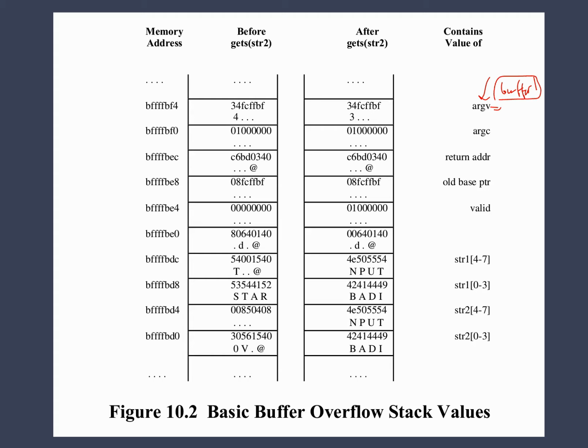This is the name of the program, and argc value would be 1. And then this is the return address of the current running function, and this is the old base pointer, whether valid or not. Then we have the string here, like input, bad input.